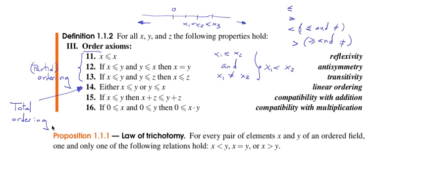Just as an aside, this is called a proposition. In math, whenever we prove a statement, that statement is true forever. Based on these axioms, this thing is true forever. If you assume these things to be true, this thing is true.